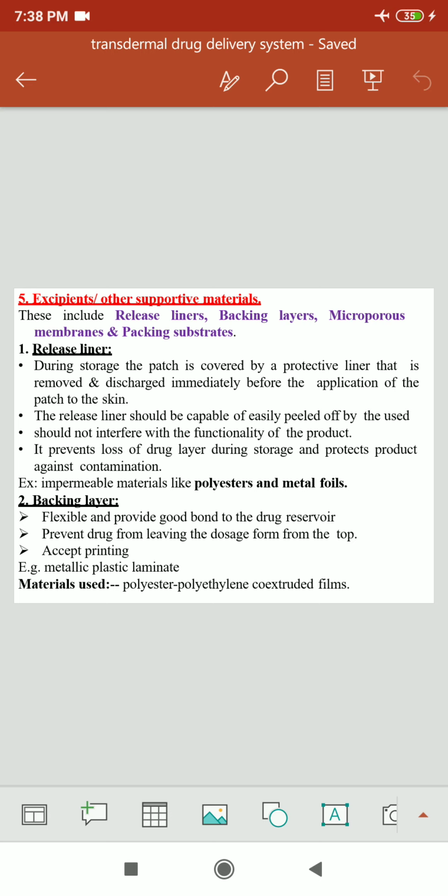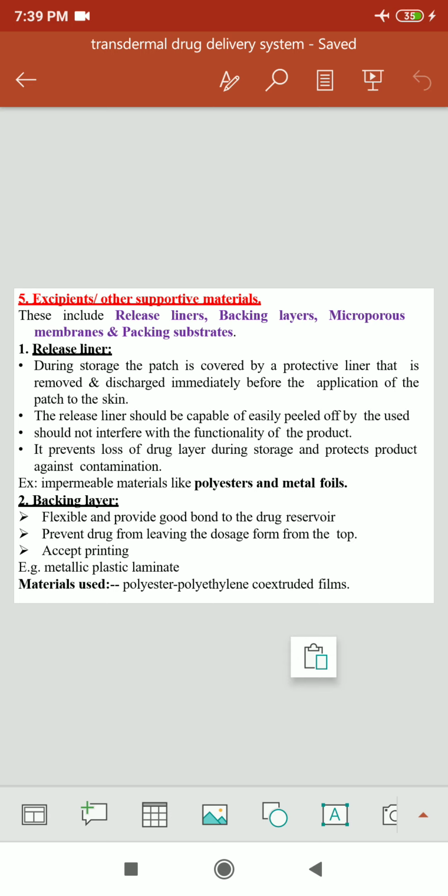So what is a release liner? During storage, the patch is covered by a protective liner, which is removed when we want to use the patch, and it is easily removed by the user. They have no activity in the patch, but they are always protecting and covering the patch. Examples are polyesters and metal foil used as a release liner.